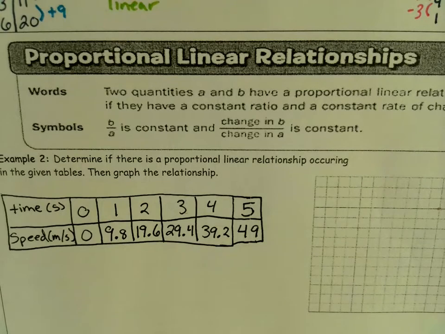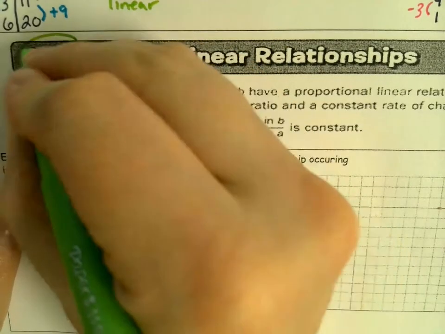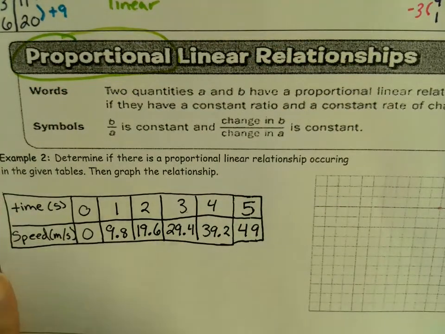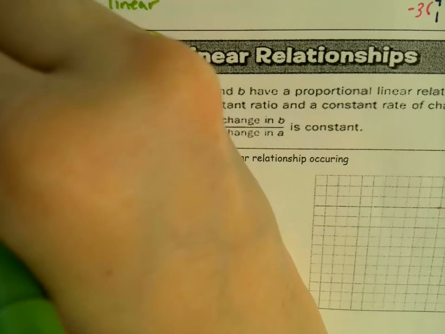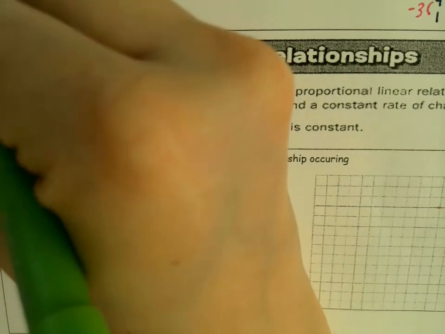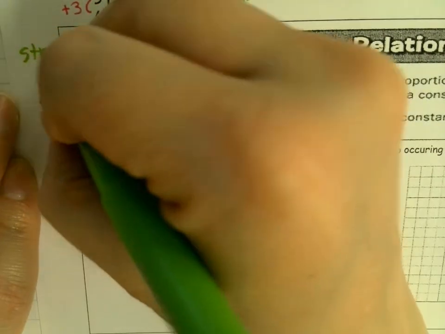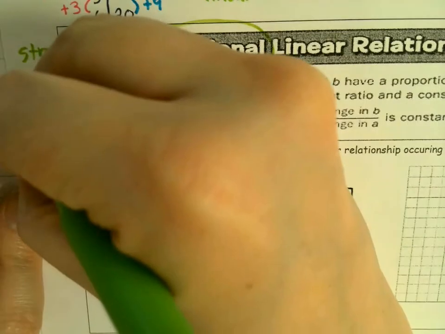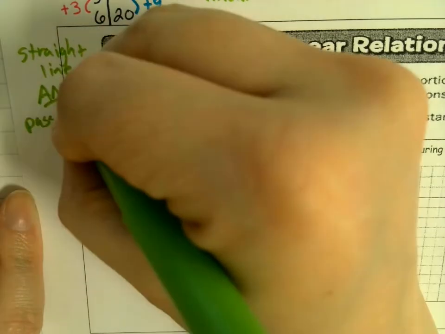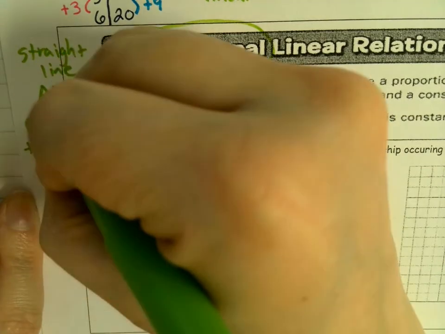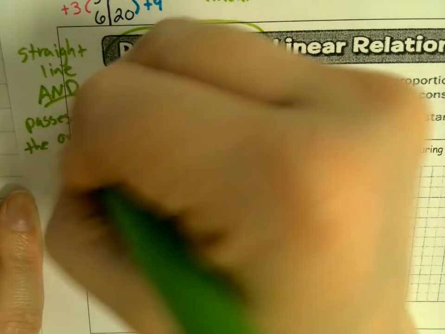So in order for it to be a proportional relationship, not only must it be a straight path, so we'll put off to the side straight line, and passes through the origin, which is at 0, 0.